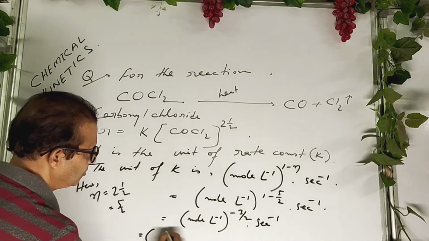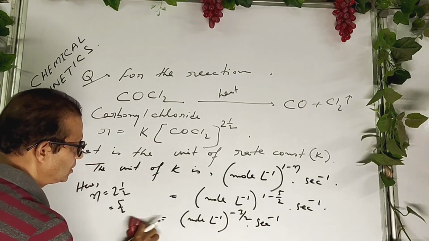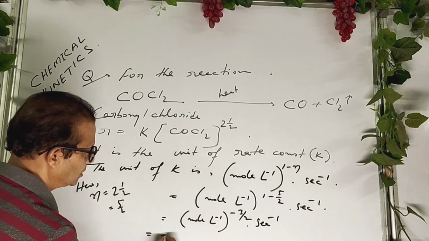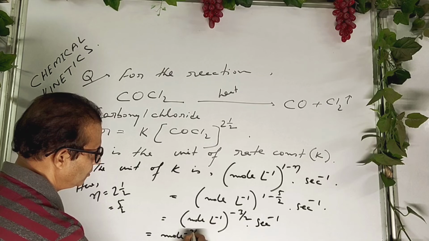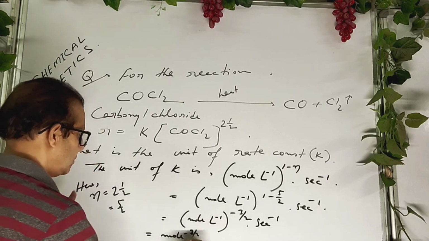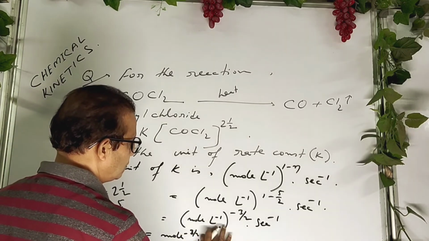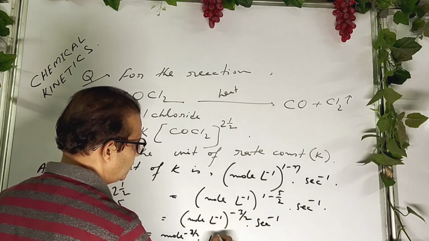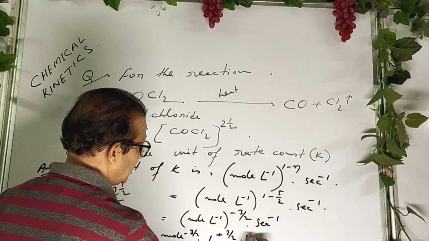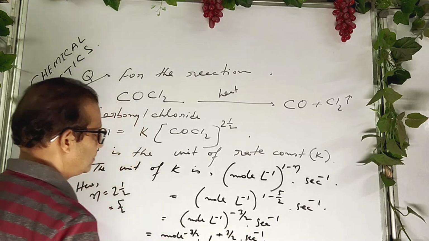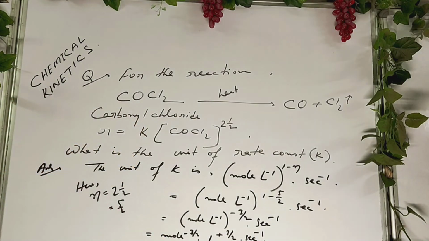Just remove the bracket, that is mole to the power minus 3 by 2, liter to the power plus 3 by 2 into second inverse. Okay, I think you understand it.